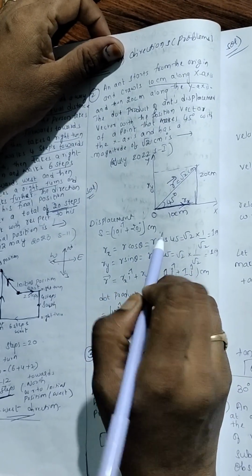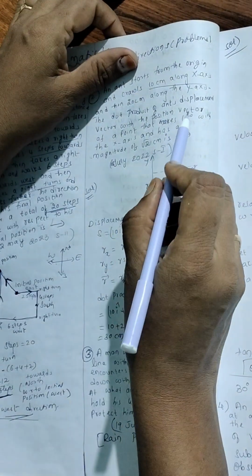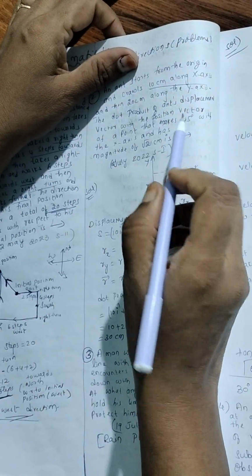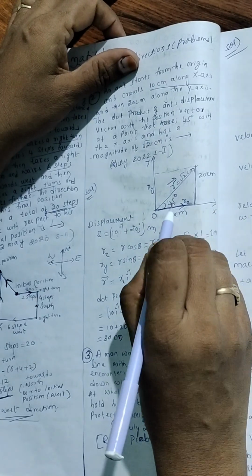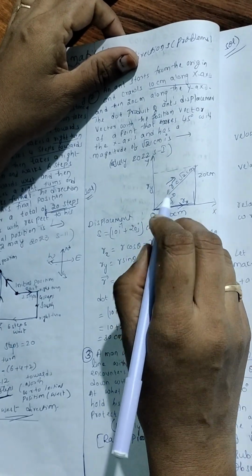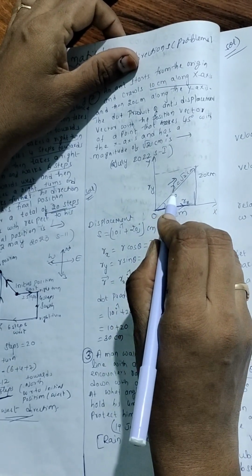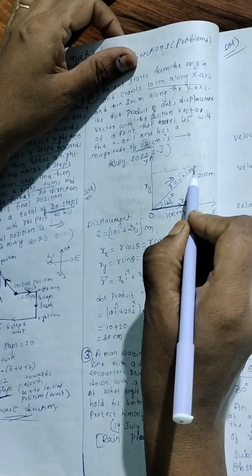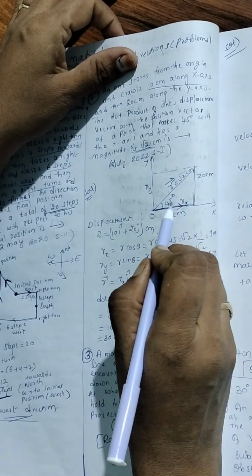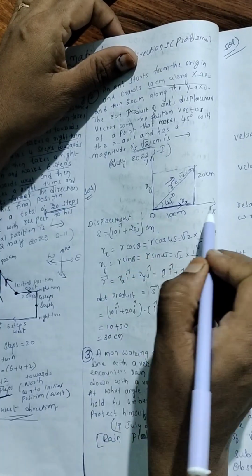centimeter. Now next, he said the position vector of a point makes an angle 45 degrees with the x-axis. Assume the position vector as r. The magnitude he gave is root 2 centimeter, and it is making an angle of 45 degrees with the x-axis.